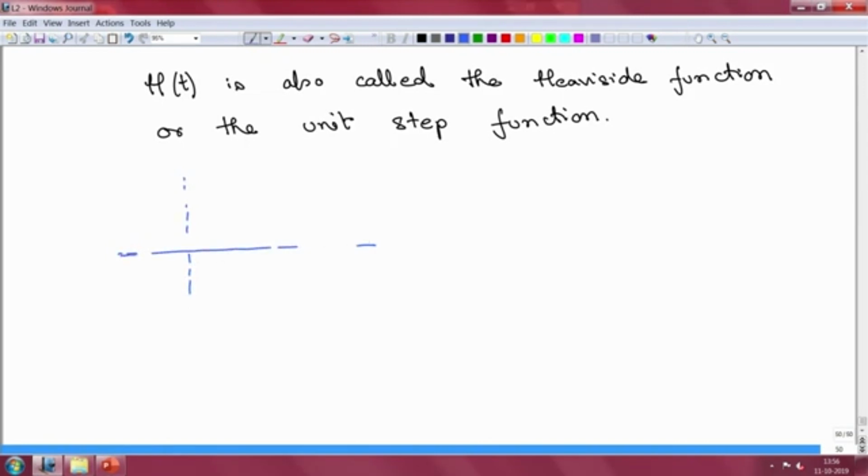So, let us say this is your time axis, this is your 0, and then here on this axis you are going to plot h of t.